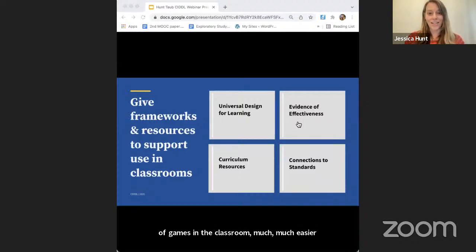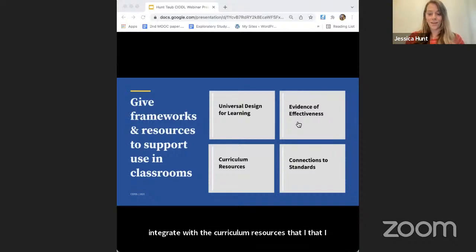Other things like evidence of effectiveness, again, aid in those conversations with colleagues and other peers in schools and districts. Curriculum resources. This was a big one for me because, as a teacher, I had a lot of technology tools, but oftentimes wanted more information about how these tools could integrate with the curriculum resources that I was using.